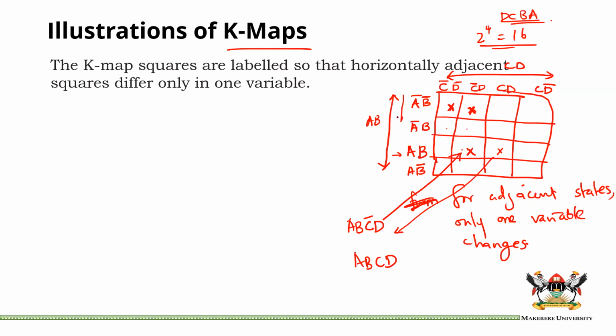When you're moving in this direction, we start with A inverse B inverse, then we go to A inverse B, only one change in state, B. Then we move from A inverse B to AB, only one change in state, which is A. And then we move to the last one, which is AB inverse, again only B has changed. It is the same in that direction. So even as we label these, we make sure that only one variable changes as we move from one state to the next state.